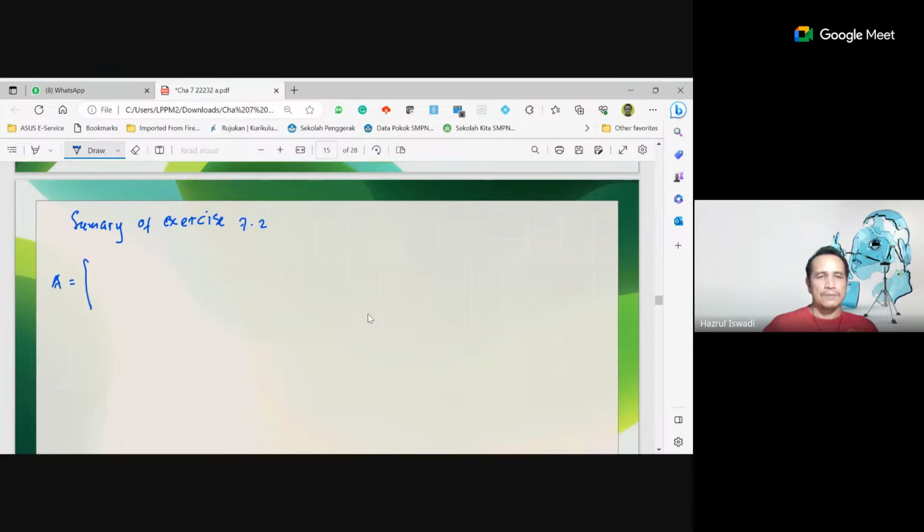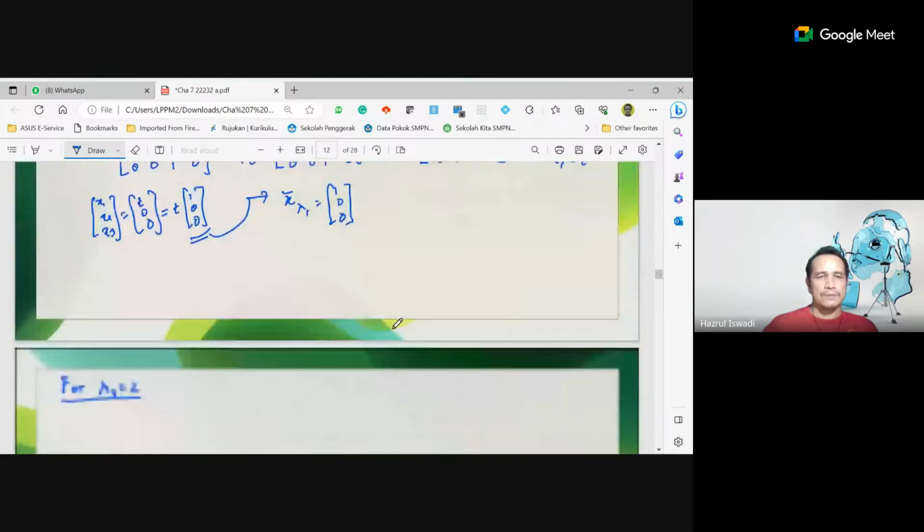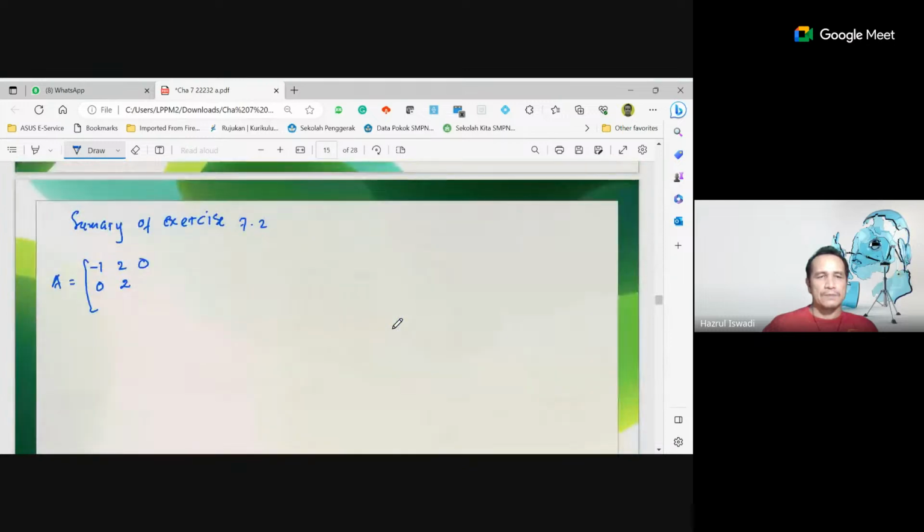We have A with rows -1, 2, 0; 0, 2, -5; and 0, 0, 3. For the eigenproblem of A, we have lambda 1 is -1, lambda 2 is 2, and lambda 3 is 3.